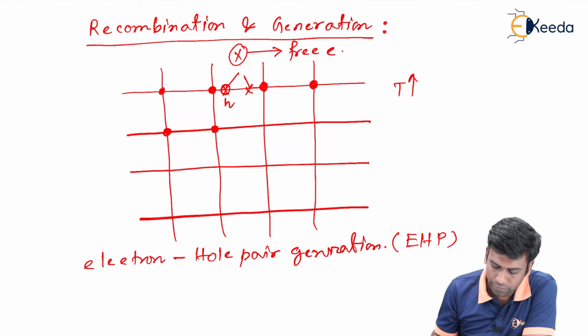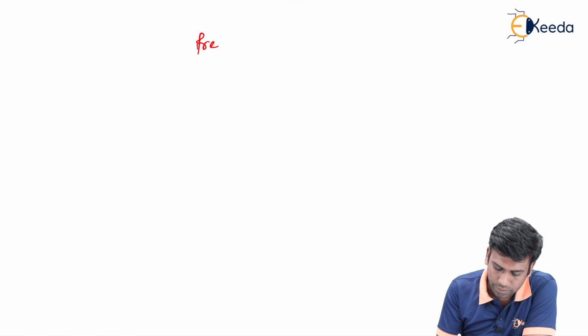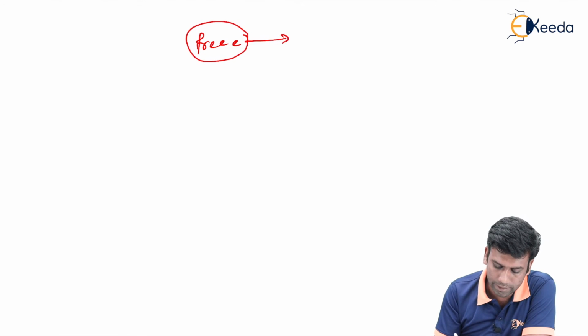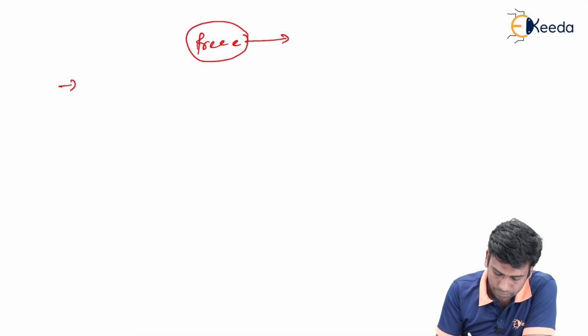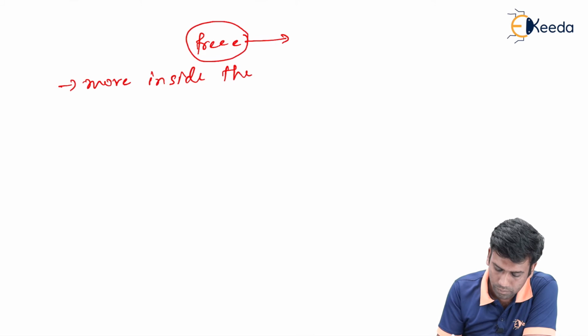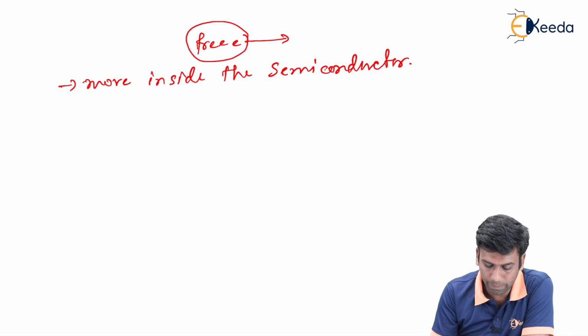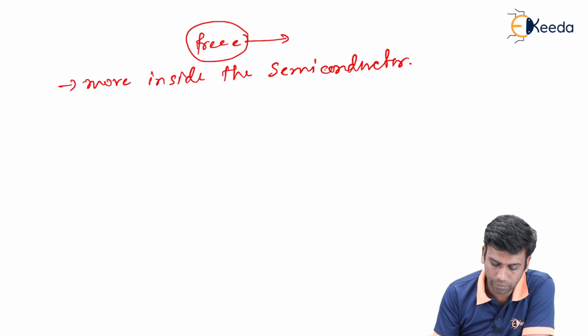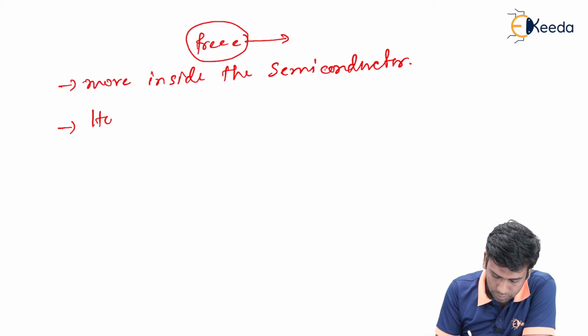Now after the generation of carriers, the free electrons will tend to move inside the semiconductors. During this movement, what happens? This free electron can encounter a hole and sit in the place of the hole. Then we say that the hole is occupied.